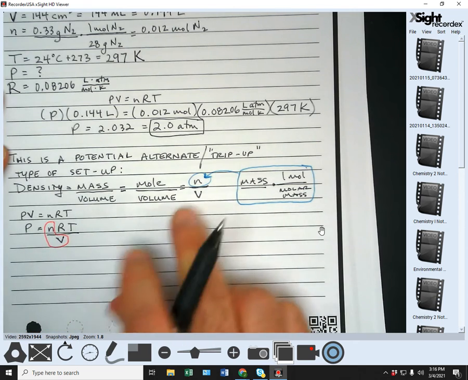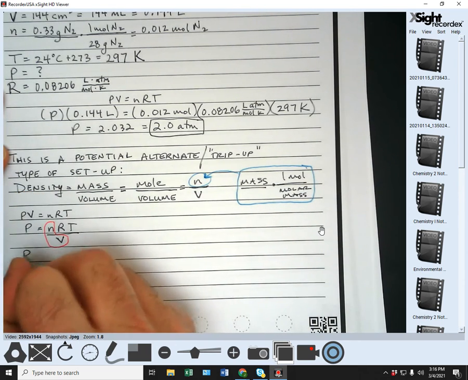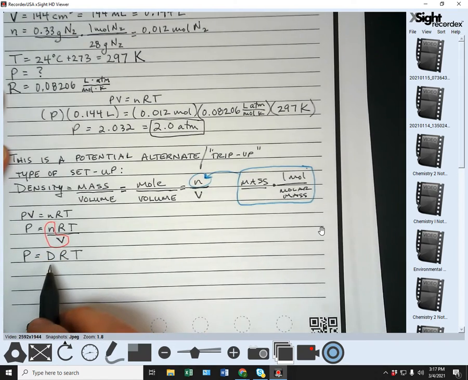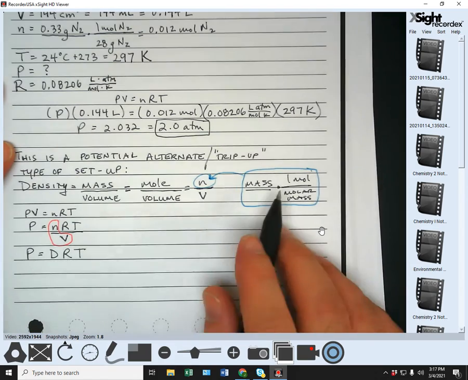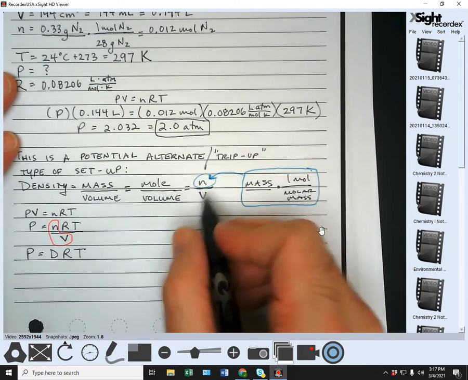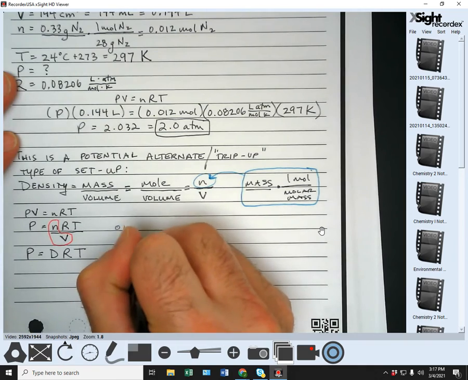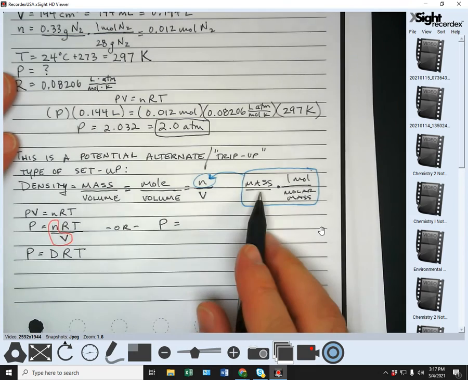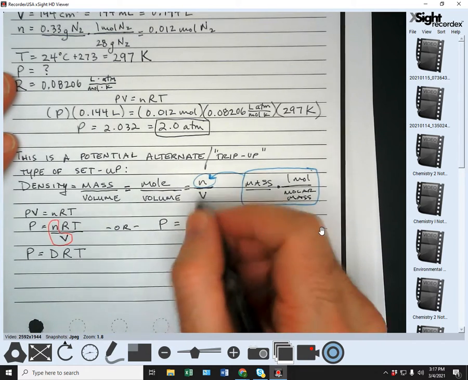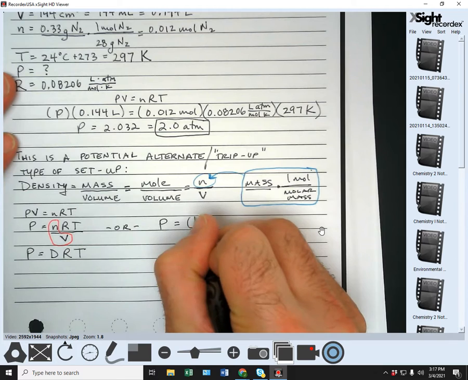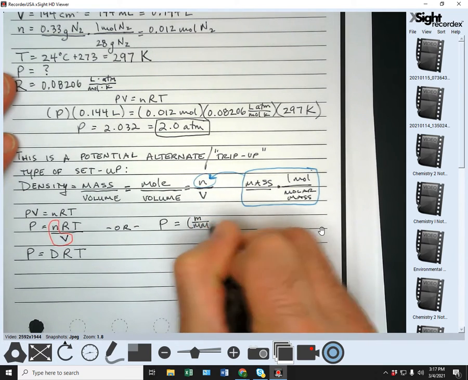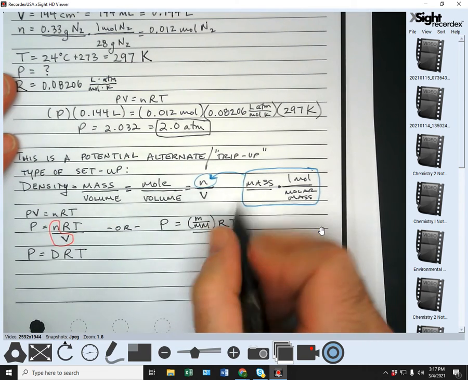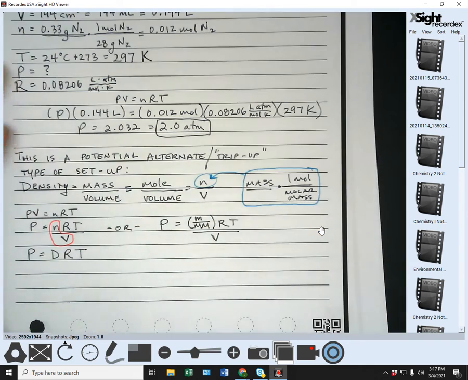One is n over V is density, so you could have pressure is density times R times T. The other way is you could have the pressure equation, and if they gave you the mass, you could have the mass divided by the molar mass, times RT, over volume.